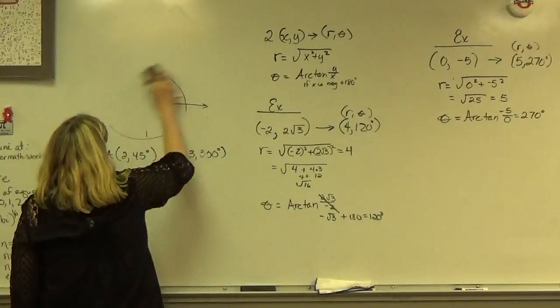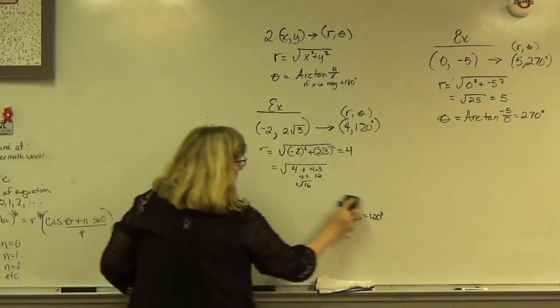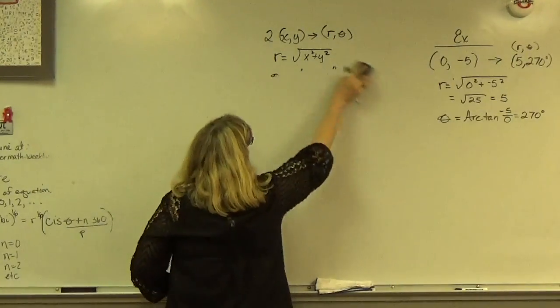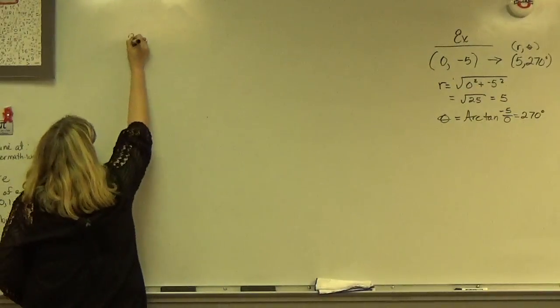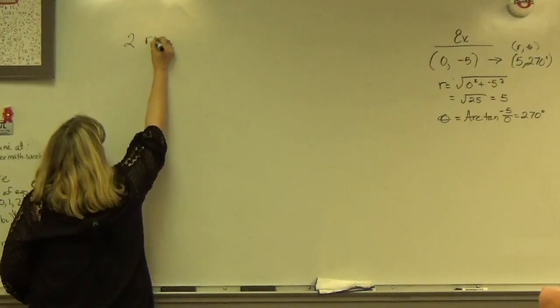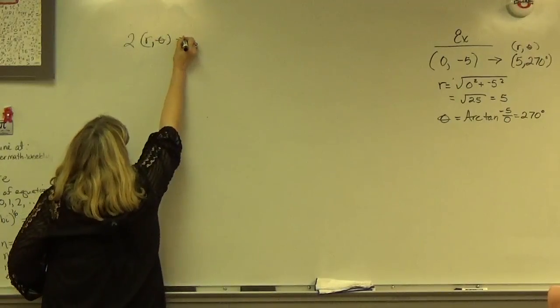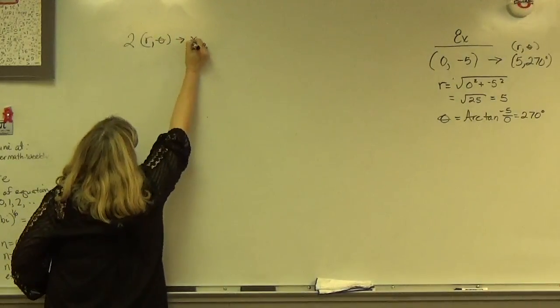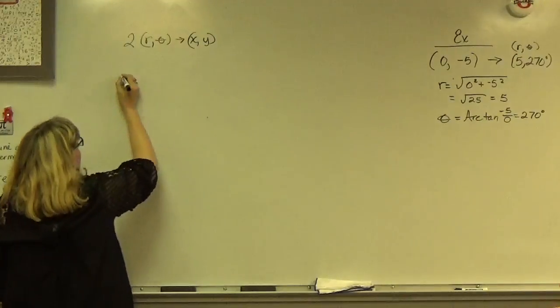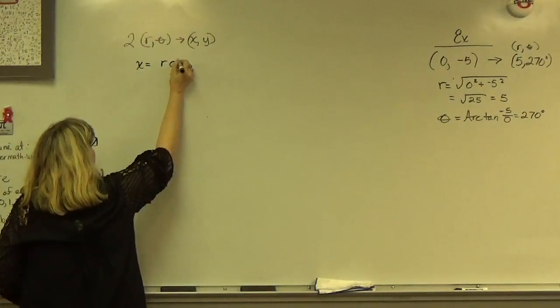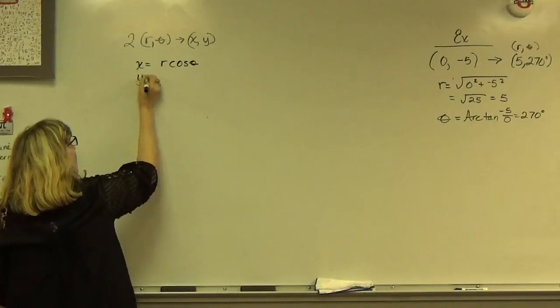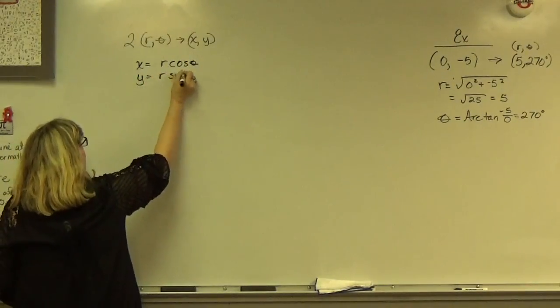Next. What's next? R theta to xy. So you're changing R theta to x comma y. Formula is x equals r cosine of theta, y equals r sine of theta.